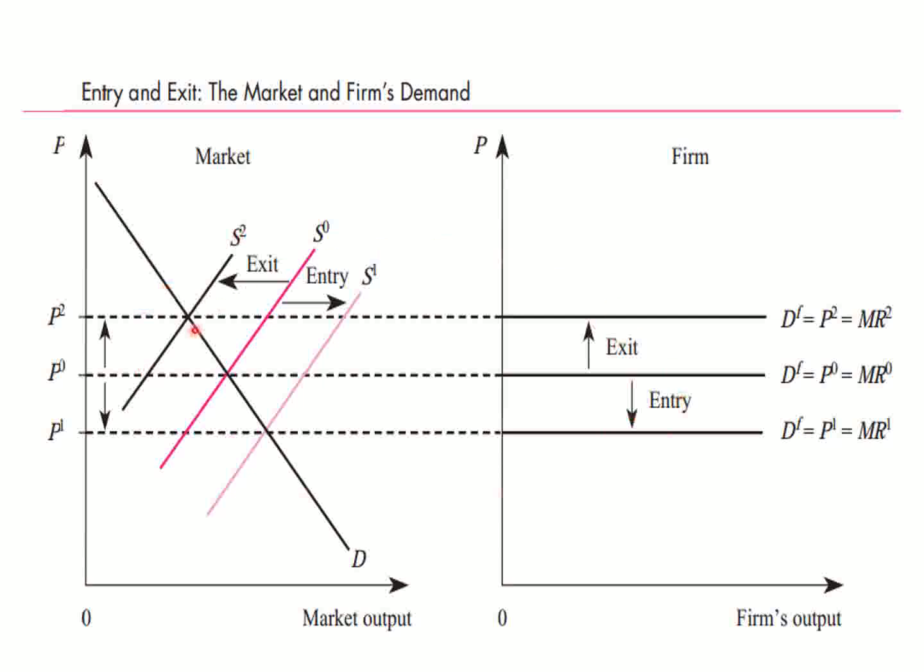Here is the graphical summary of how the firm enters and exits in the long run. Look, this is the original supply curve, and this one is the demand. This one is the market, the demand and supply curve, and this one is the firm. Now, this one is the price taken by the firm.